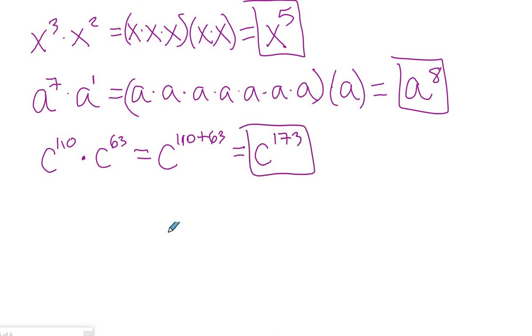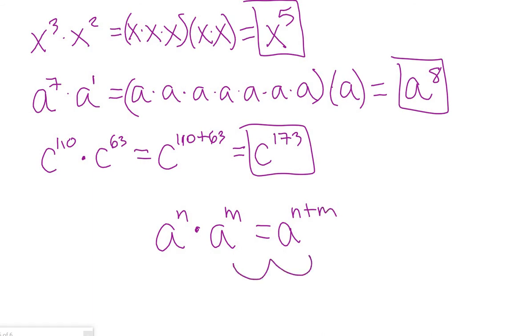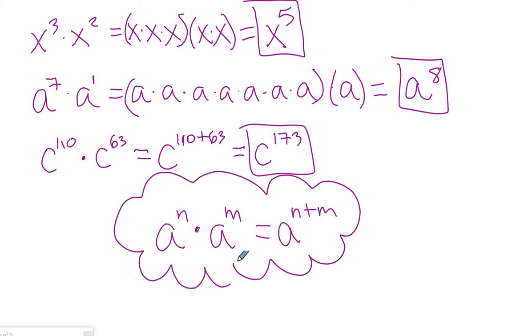So the pattern here is that, let's say you have A to some number n times A to the m power. That's the same as A to the n plus m power. So when you're multiplying exponents, what you can do as a shortcut, or a quicker way of doing this, is just add the exponents, or add the powers, rather than having to expand it out.